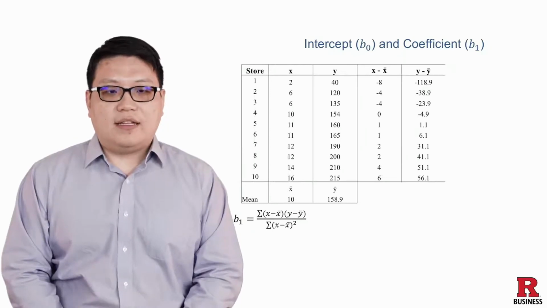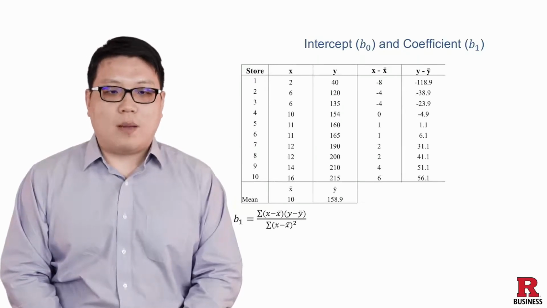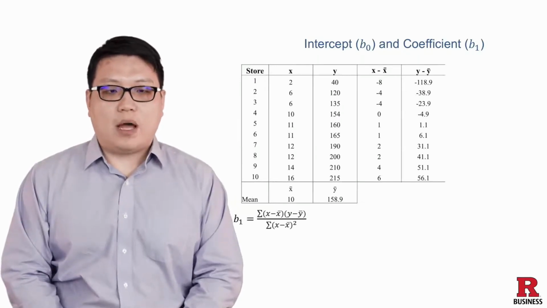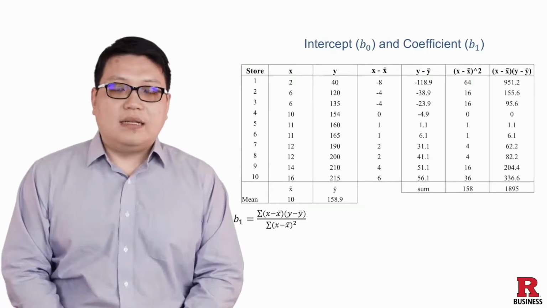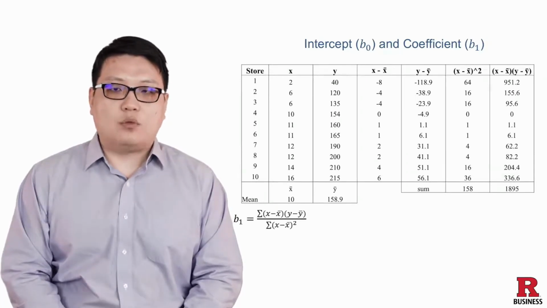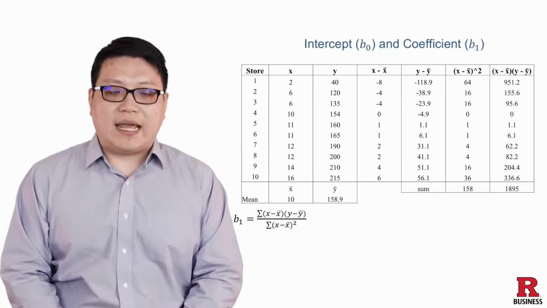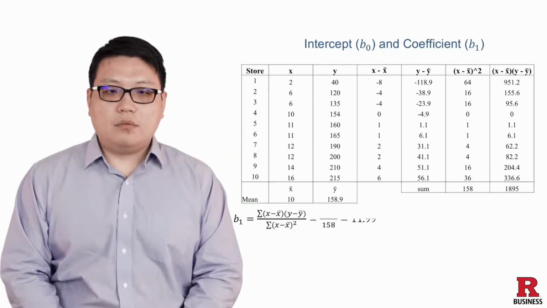What you can see here is this equation where sigma represents the sum: the sum of x minus x bar times y minus y bar, and the sum of the power of 2 of x minus x bar. So we can calculate each single number of x minus x bar to the power of 2 and x minus x bar times y minus y bar. And then if we sum them up, we get the numerator and the denominator.